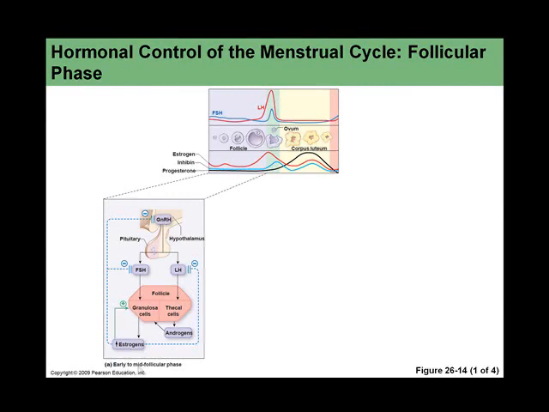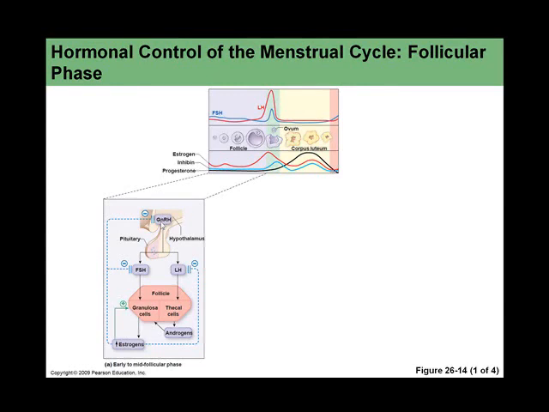So basically, this transition from early to mid-follicular phase is when the exogenous steroids are added, and they take advantage of this very sensitive negative feedback at the level of the pituitary and the hypothalamus. And what they do is they stop the progression right here at this point. Estrogen levels don't get high enough.